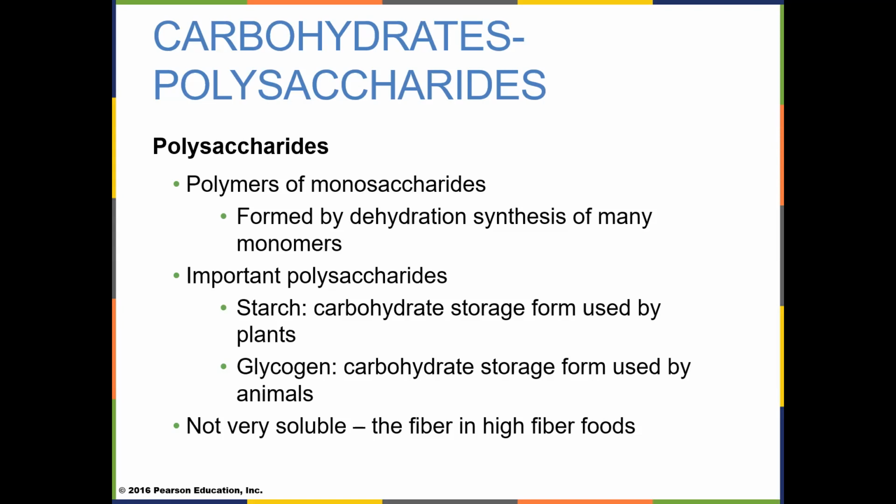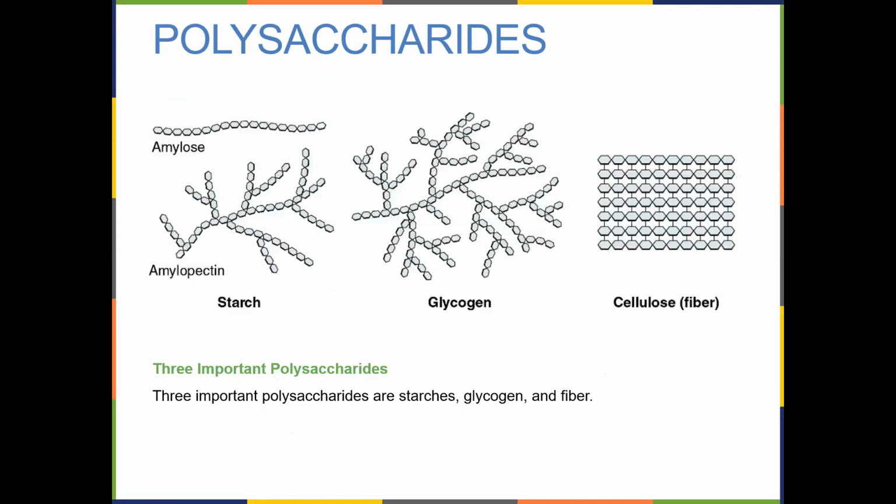So glycogen is how we store starch. Starch in plants, glycogen in humans. And here are the types of polysaccharides that we encounter.